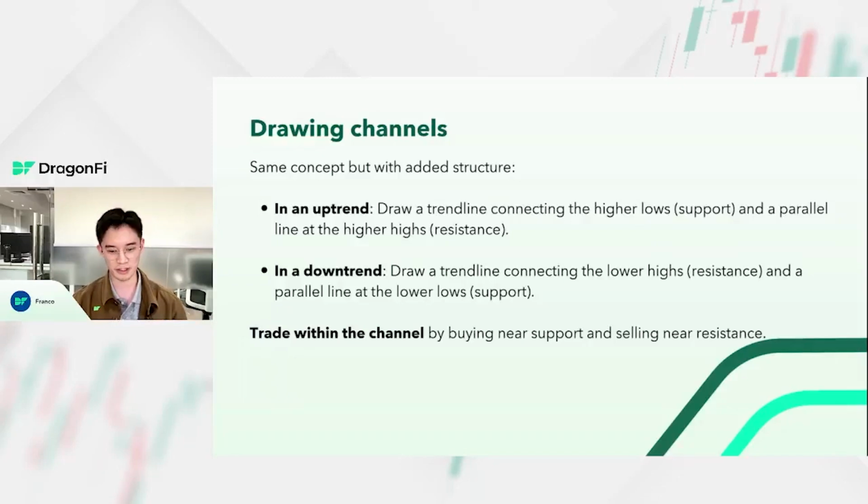But sometimes the channel will not always hold. For example, if it's an uptrend, it can break below the channel and start a downtrend. But at the same time, if there's really strong momentum pushing the stock, it can even break above the upper trend line of the channel and continue to rise. That's something we call parabolic, because it just keeps rising in a straight line.